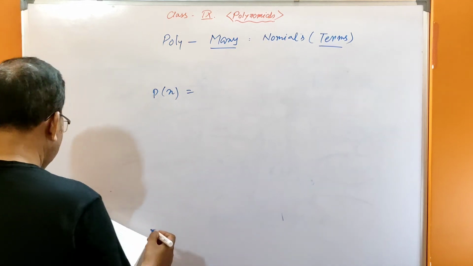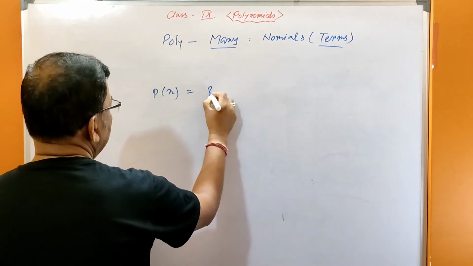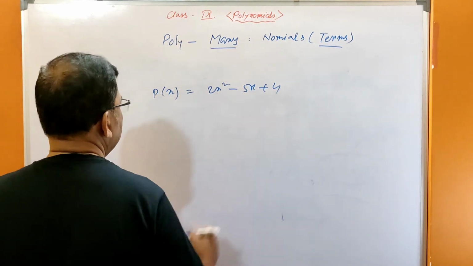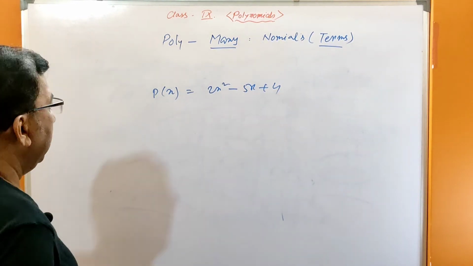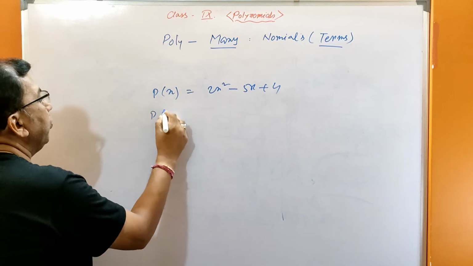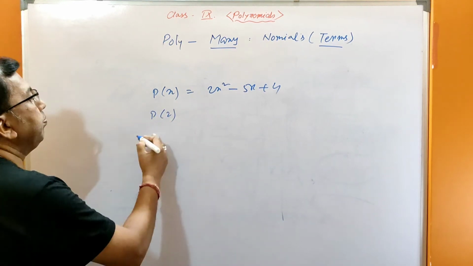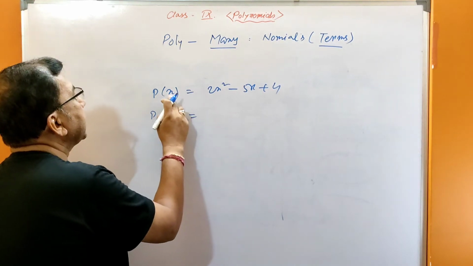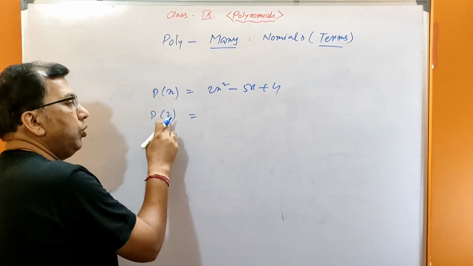Suppose 2x cube, 2x square minus 5x plus 4 is given. So you have to find p(2). Find p(2), the value of p(2). That means the value of x is 2.